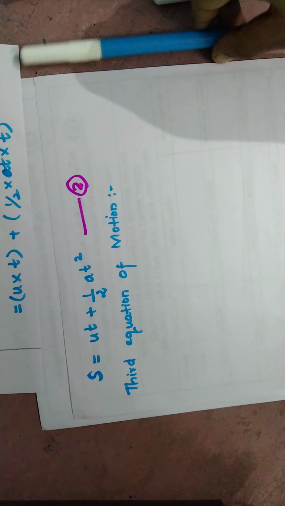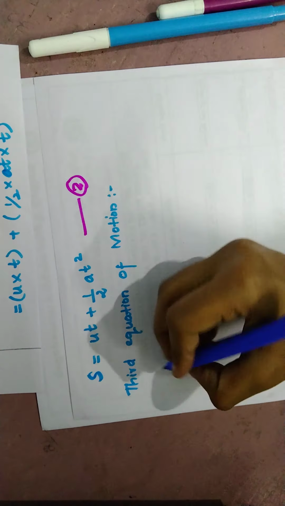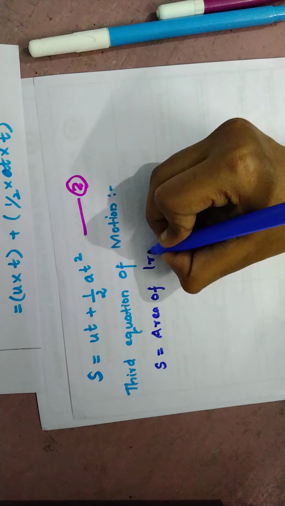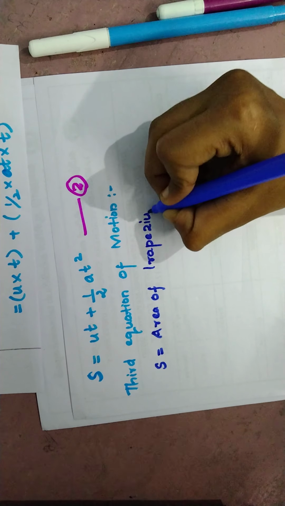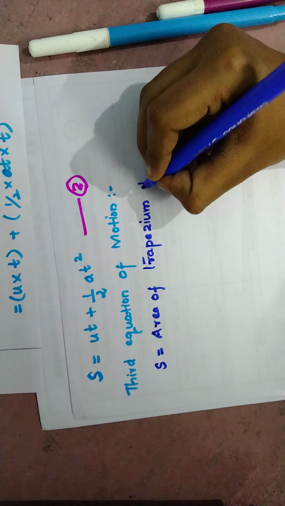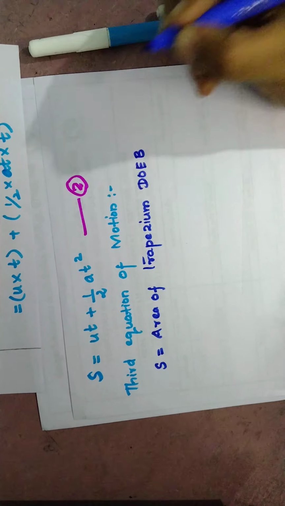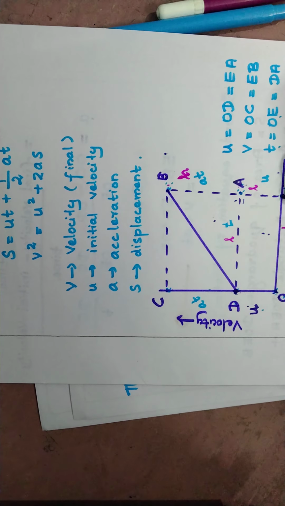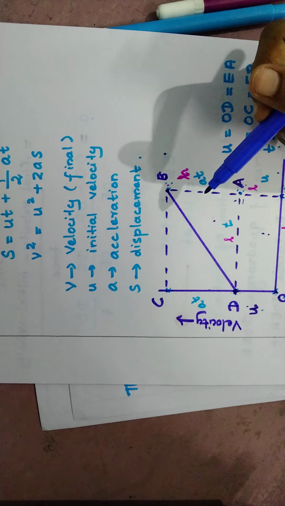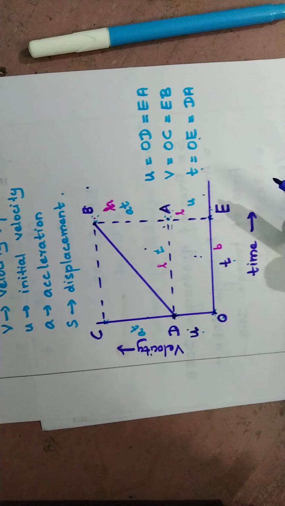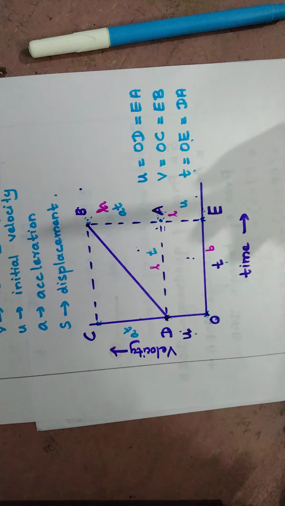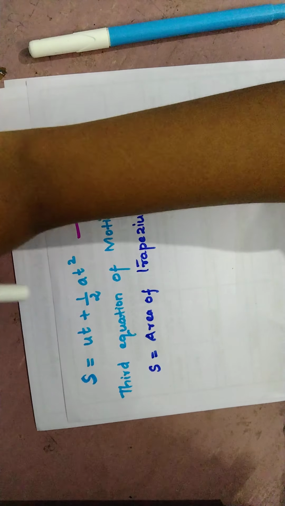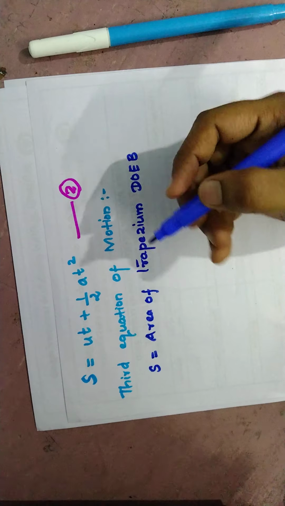Third equation of motion. Here also the formula is small s equal to area of trapezium. Area of trapezium DOEB. The same diagram, DOEB. For quadrangle also we take that DOEB, and for trapezium also DOEB. And for trapezium the formula will be different.